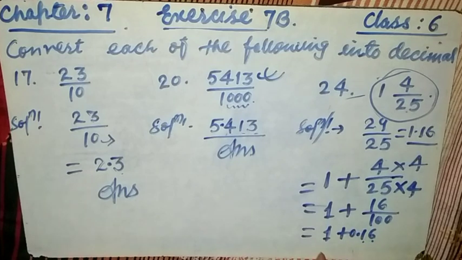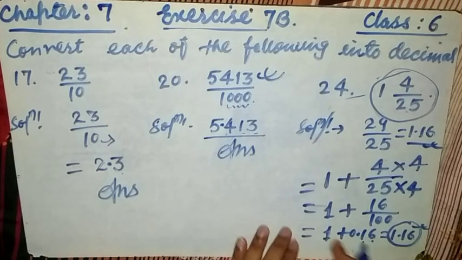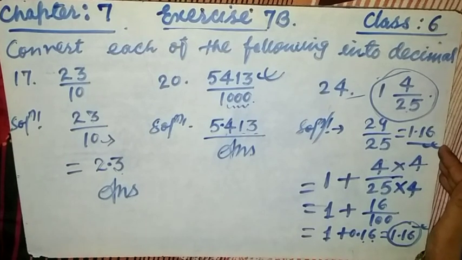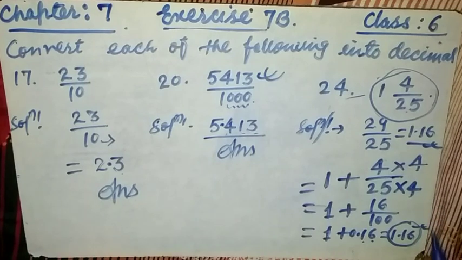So 1 plus 0.16 could be written as 1.16. So this is your same answer, friends. Either you can apply this method or that method, okay. I think this is the easiest method, it is very easy. It is up to you, but both are correct.